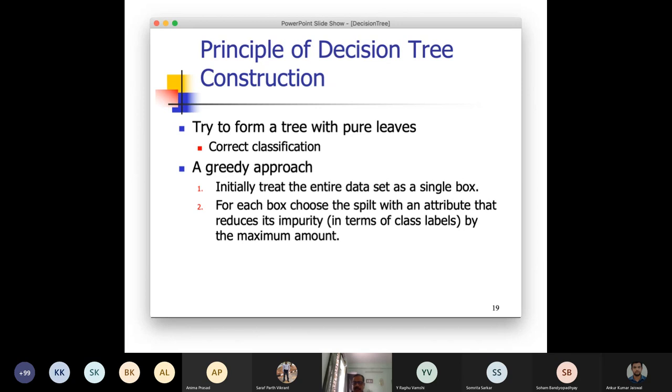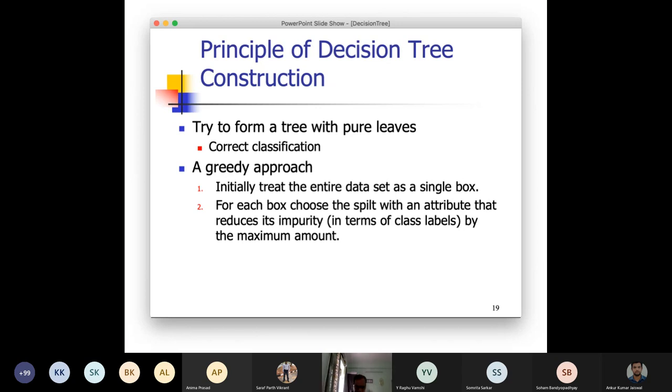So if I consider the whole region, the first box itself, you can compute its entropy because you know the distribution with respect to training examples. You know the distribution of labels, with what probability a label occurs. So we can compute its entropy.